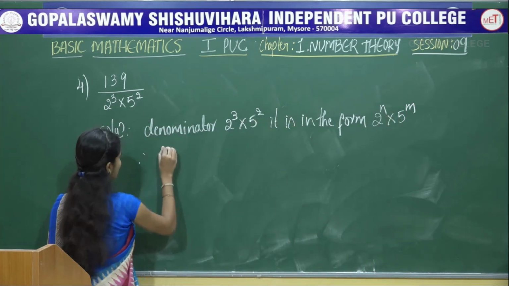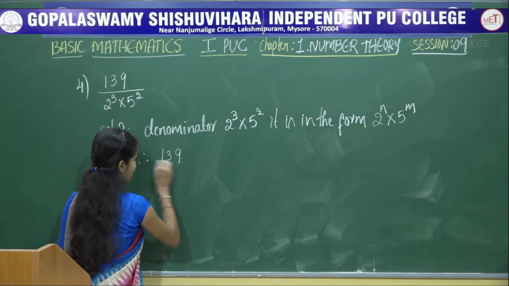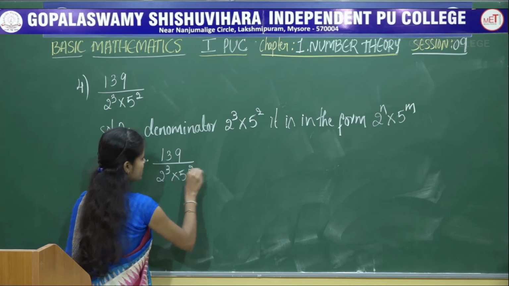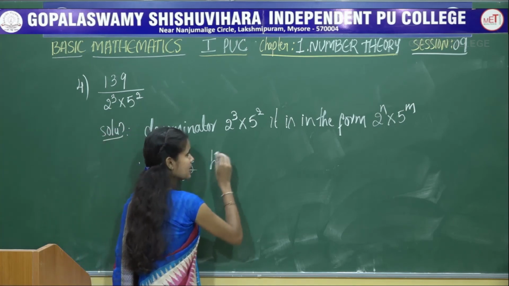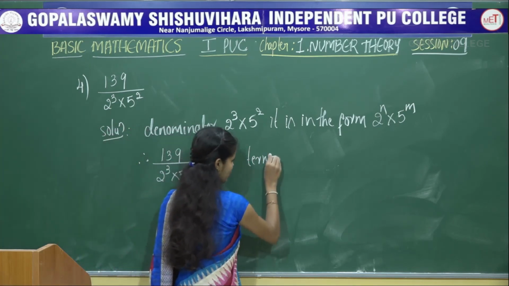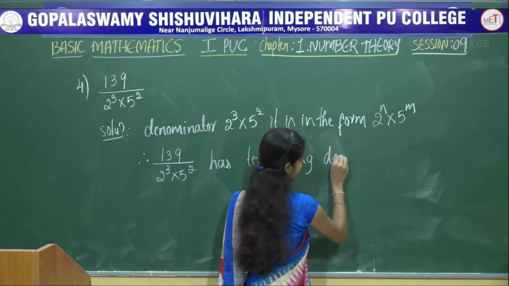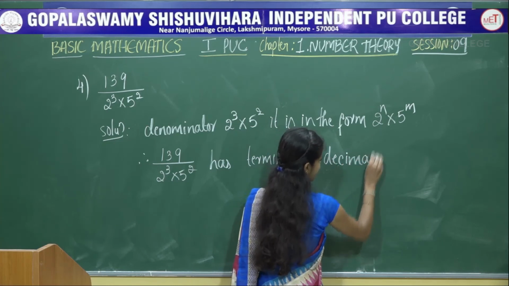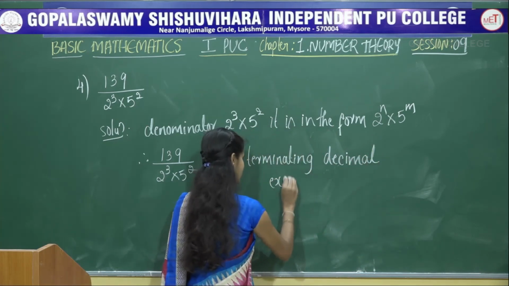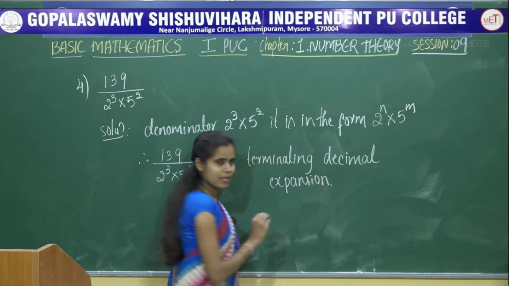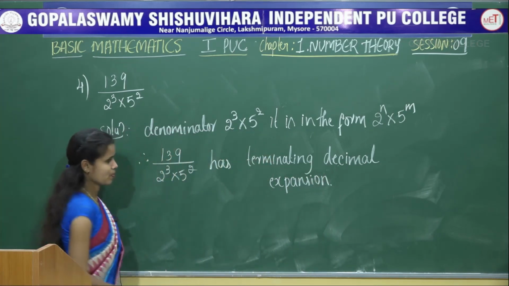Therefore, the given rational number 139 divided by 2 cube into 5 square has a terminating decimal expansion. Terminating decimal expansion.